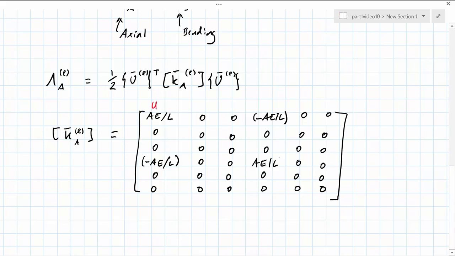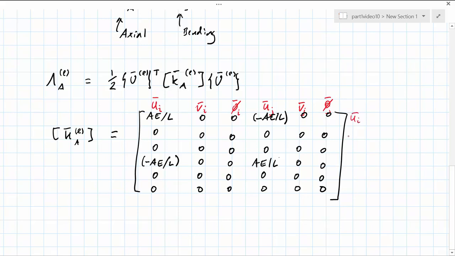So we have U bar I, V bar I, Phi bar I, U bar J, V bar J, and Phi bar J.